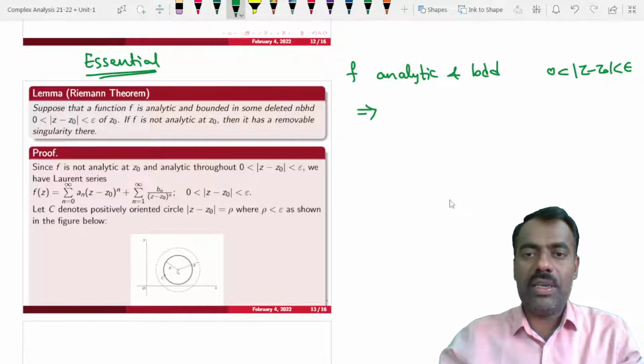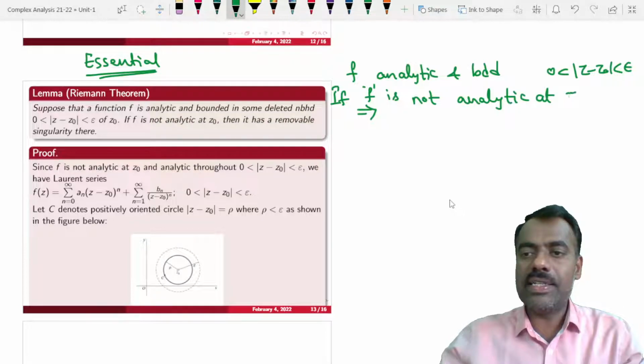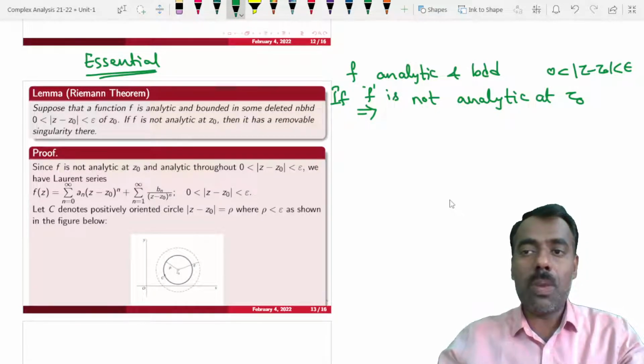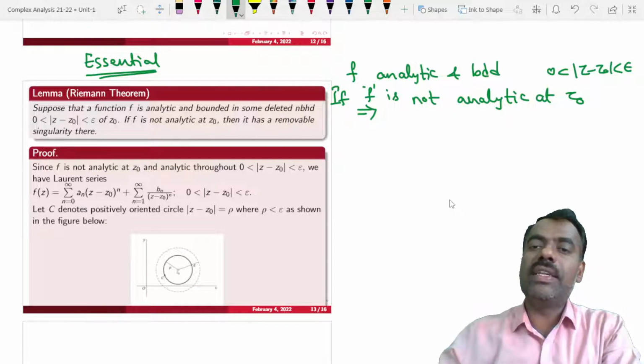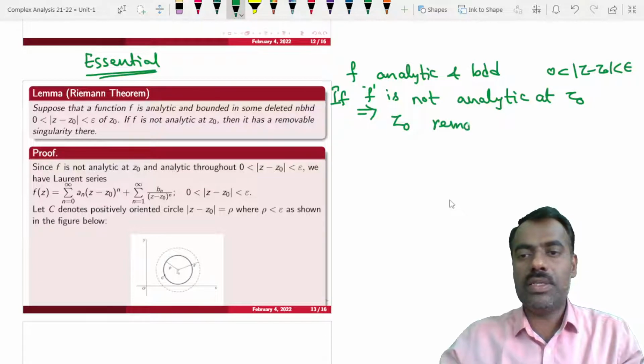So if f is analytic everywhere and bounded in this region, then the only option is that z naught is a removable singularity.